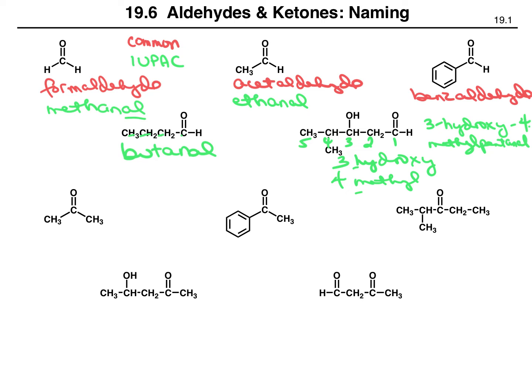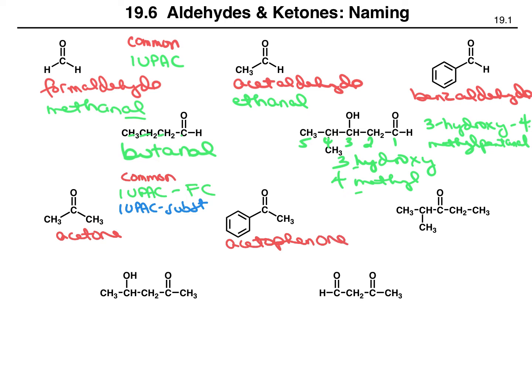For ketones, we have a common name. There is an IUPAC functional class name and an IUPAC substitutive name. The first compound, you should all know what this is. The common name is acetone. The next compound is acetophenone.